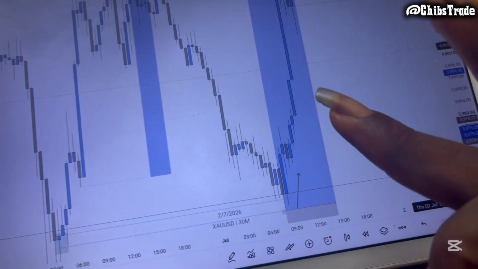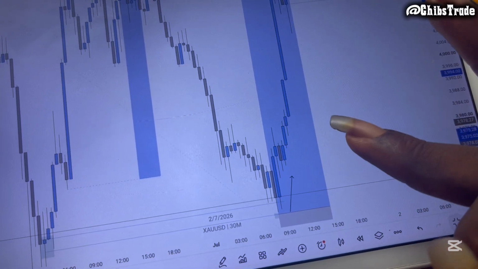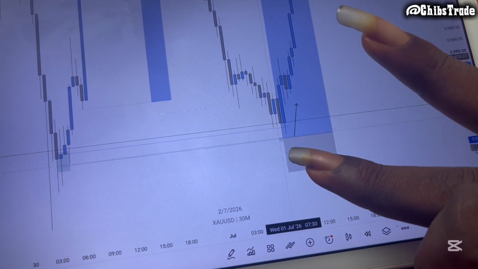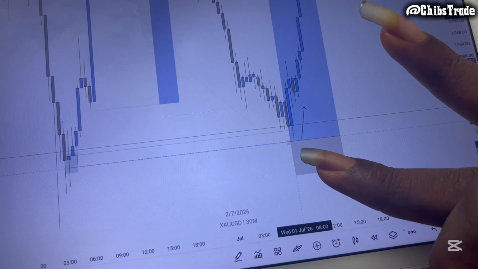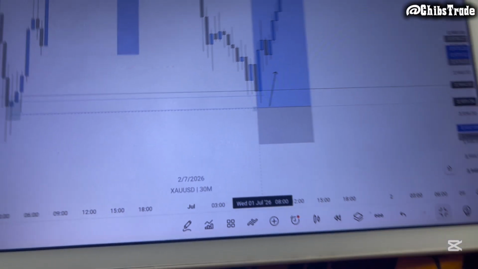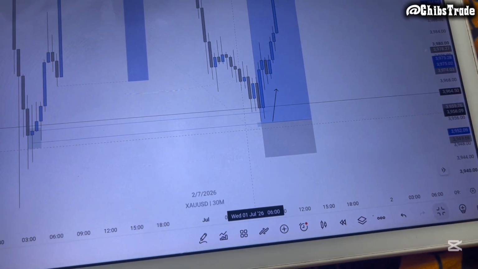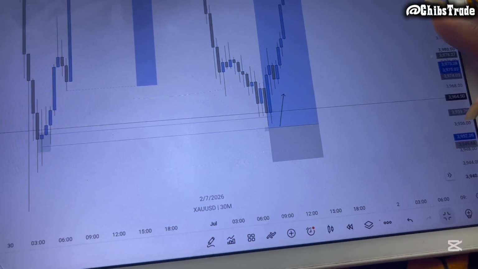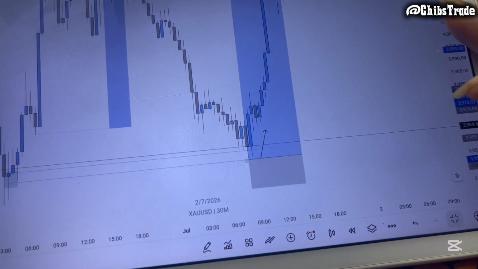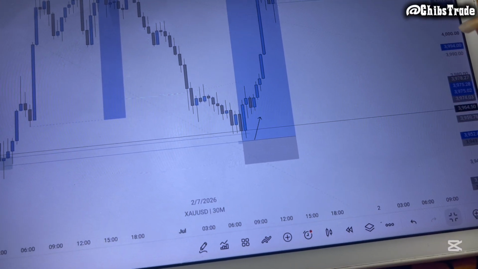If you can see the time, wait, let me hold this one moment. This is it here. If you can see the time, it is 8. So I woke up, and this is the candle that is moving, approaching my entry, and I just decided to stay calm, because I've already learned patience by calming down until it taps my entry.